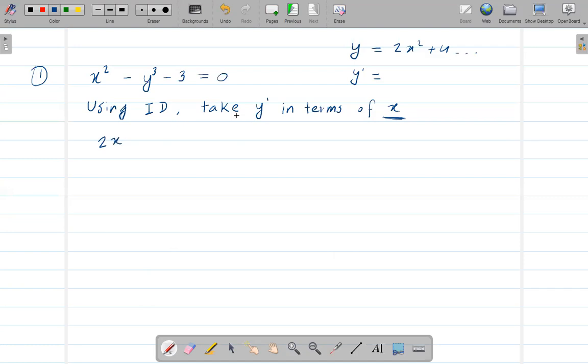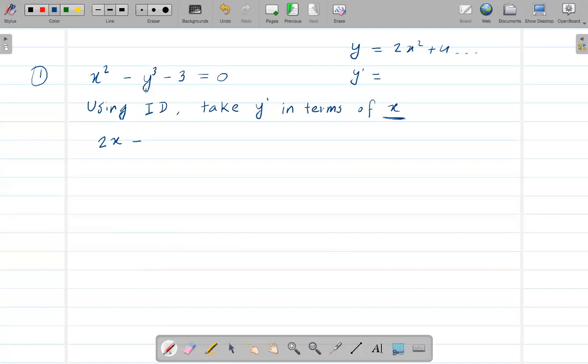Now, since I'm finding y prime in terms of x, here I have y to the power 3. If I want to take the derivative of this, first I have to take the derivative of this whole thing, so I can simply use the power rule for this whole thing.